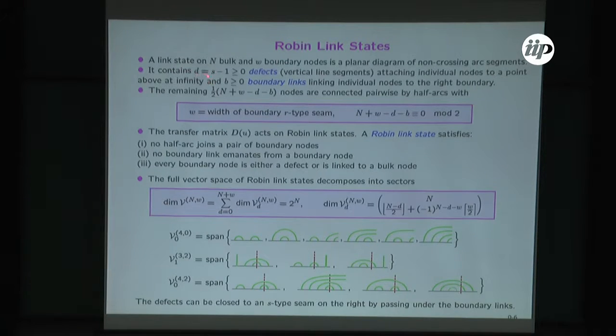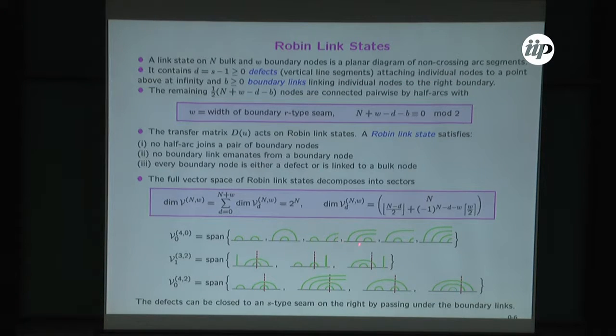It contains d, which is s minus 1, so s is the Kac label. d will be the thickness of an s-type seam later. So we have d defects, which are denoted by vertical line segments, as you see here, here, and here, attaching individual nodes to a point above at infinity. In addition, we have b boundary links linking individual nodes to the right boundary.